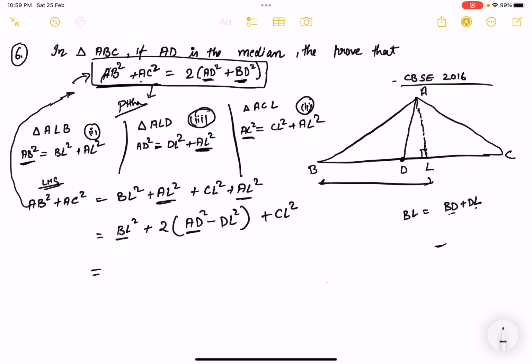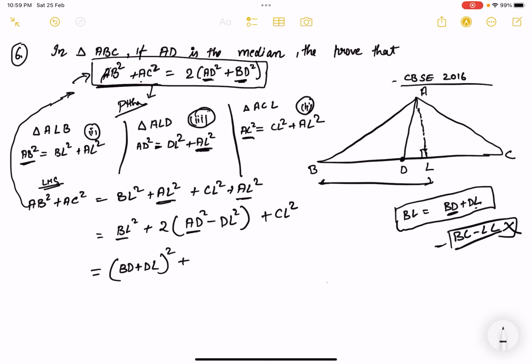We could have written BL is equal to BC minus LC, but we won't do this. Why? Because we want BD in our final expression. So we will make this substitution. Let's substitute the value of BL. We have BD plus DL whole square, plus 2AD square minus 2DL square plus CL square.